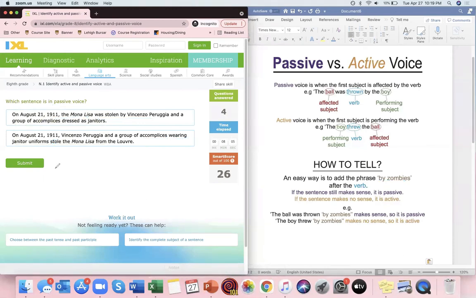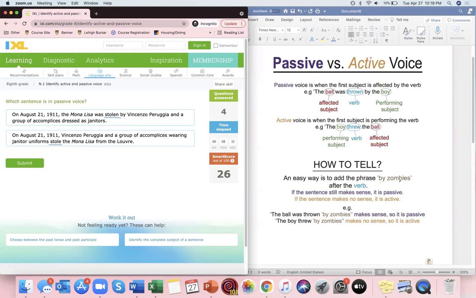One last example. On August 21st, 1911, the Mona Lisa was stolen by Vincenzo Peruggia and a group of accomplices dressed as janitors. On August 21st, 1911, Vincenzo Peruggia and a group of accomplices wearing janitor uniforms stole the Mona Lisa from the Louvre. All right, so the verb is stole or stolen.